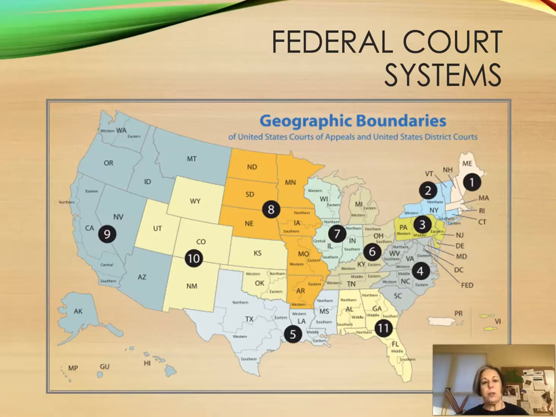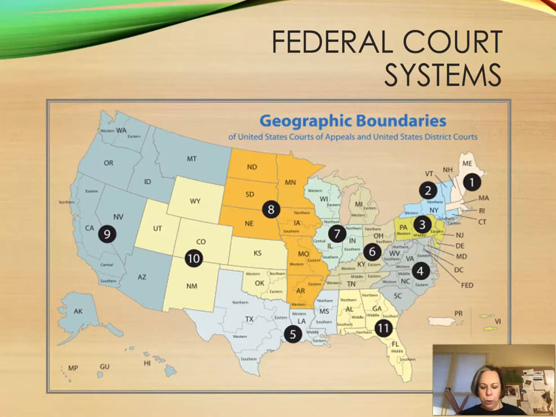We have 12 circuits in the federal court system in the United States. And it's really interesting if you talk to people who are in the European system, they don't understand why we have different state laws and state courts and then different circuits, because they work with one court system. The English always get a little flipped out by this, which is so interesting to me. So notice that we have 12 circuits.